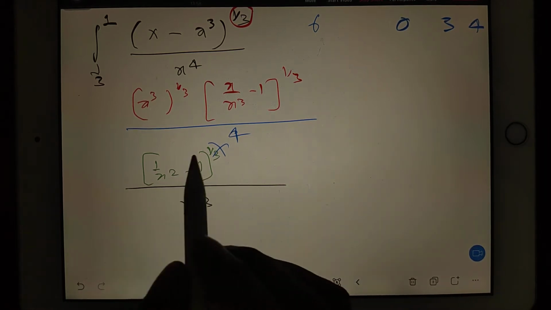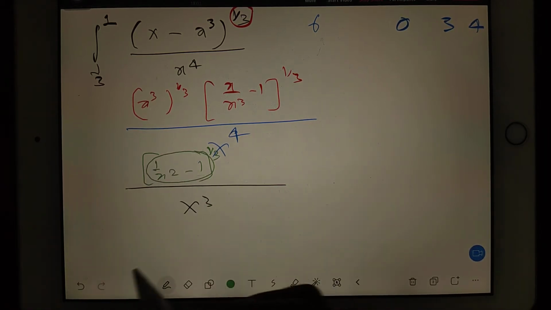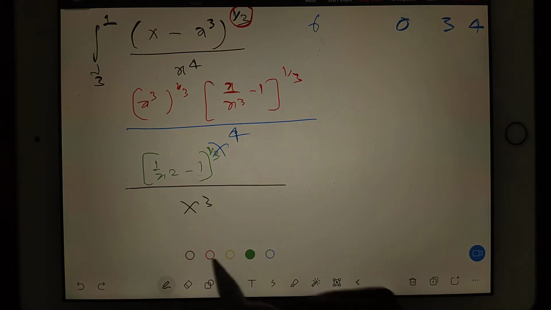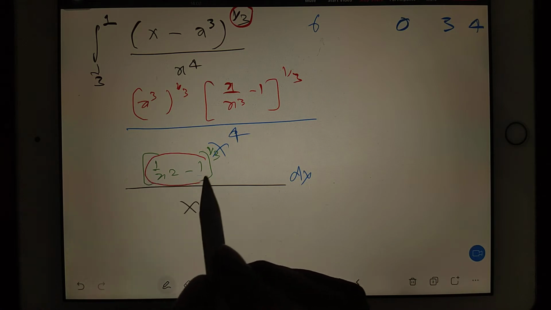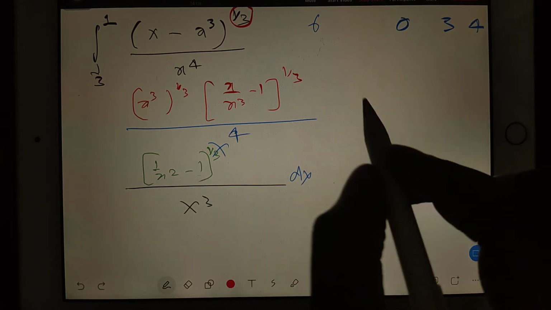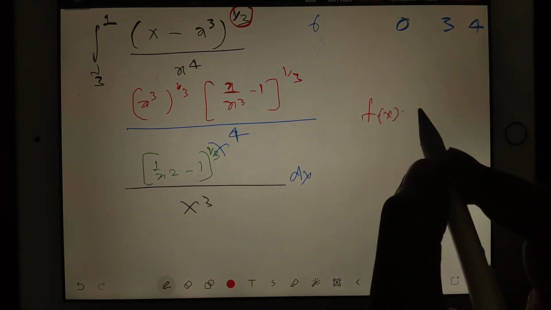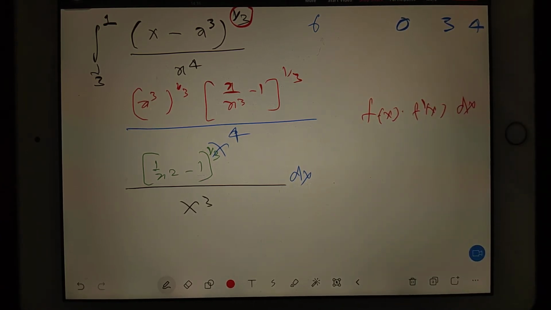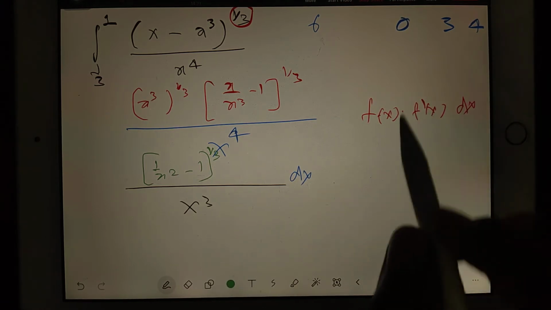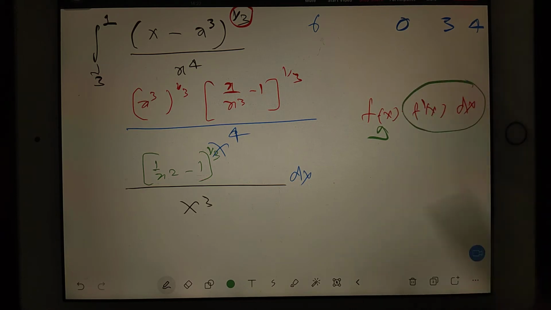Now you put dx here. This total is nothing but f(x) into f dash x dx. In this kind of format, we can directly consider one of them as t, and the other will become dt.